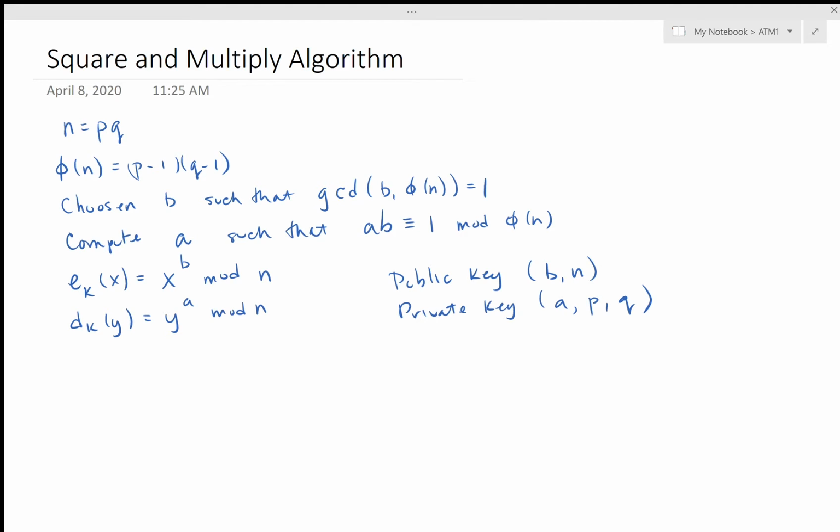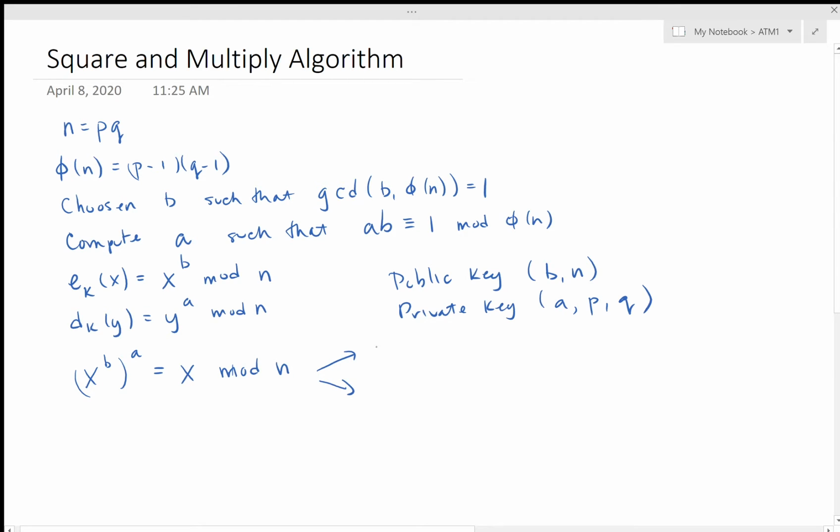Okay, we just had a discussion where we showed that x to the b to the a is indeed equal to x mod n, and we did that in two cases.